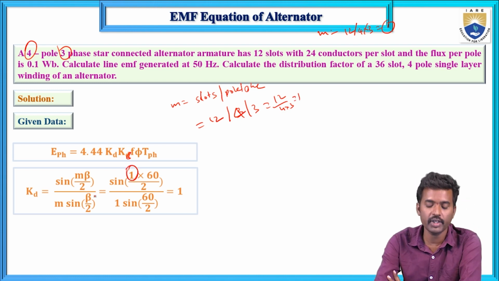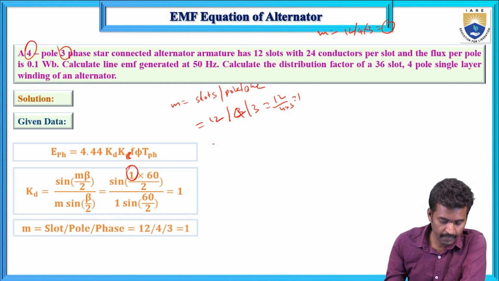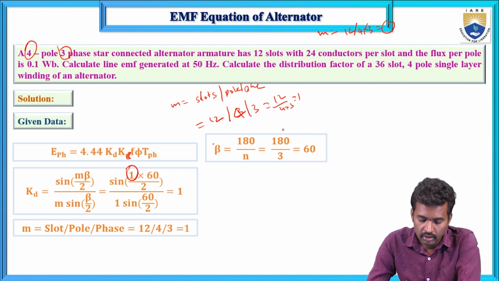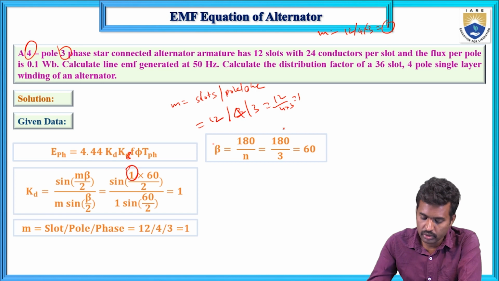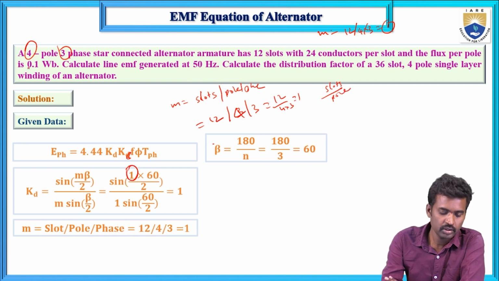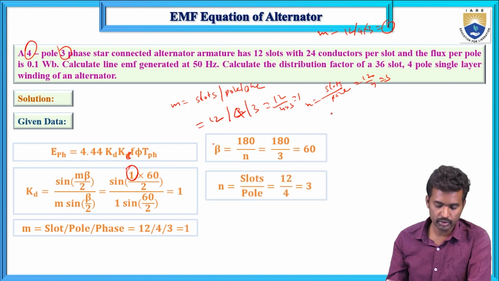And beta, how will we calculate? Beta equals 180 by n. Now n equals 3. How will you calculate the number of slots per pole? The number of slots 12 by 4 poles, so n equals 3. 180 by 3, that is 60.